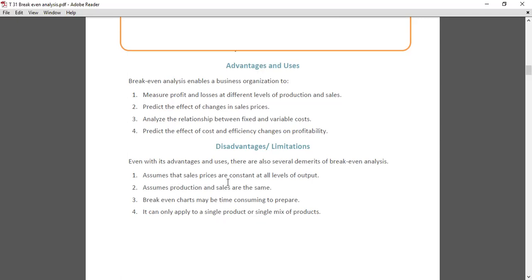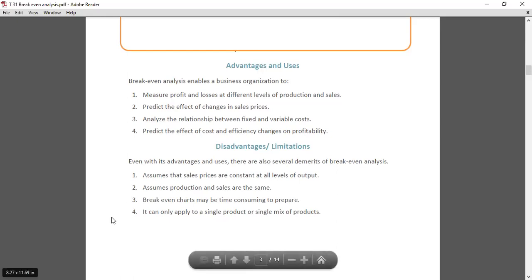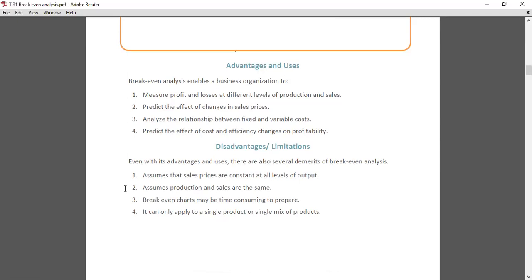Selling price will be constant, and we assume that production and sales are the same. We assume that if you produce 1,000 items, we can sell 1,000 items. If you produce 100 units, you can sell the 100 units. That is the difference. There is another limitation. We are assuming that the business has no stocks. The business has no closing stock, which is a very unrealistic assumption, because 99% of businesses have a closing stock.